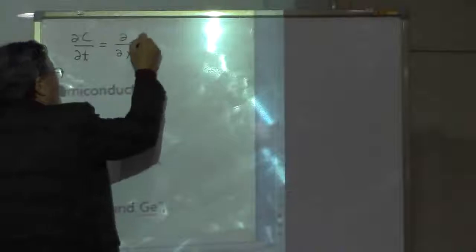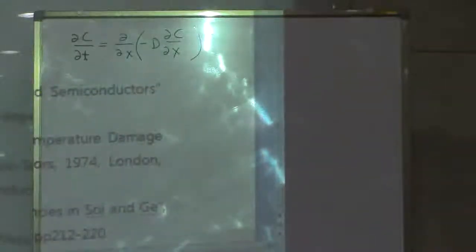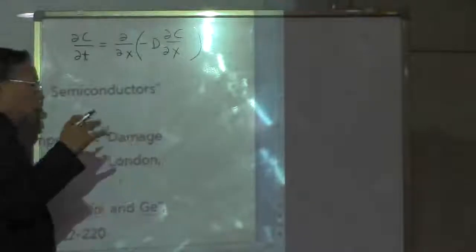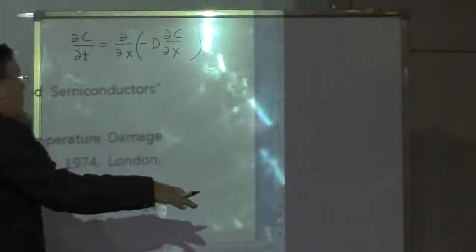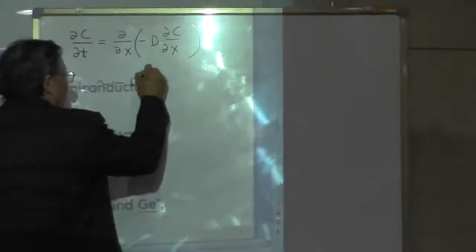Which is Fick's second law, right? And normally when the dopant concentration is low, not heavily doped, then we can approximate this as something like this, right?